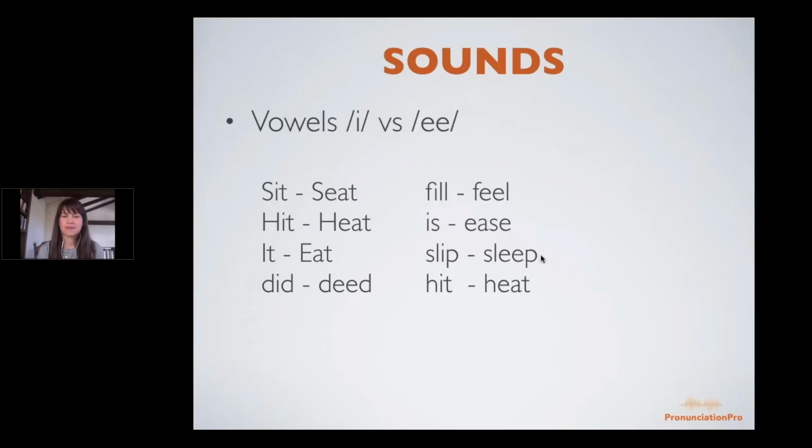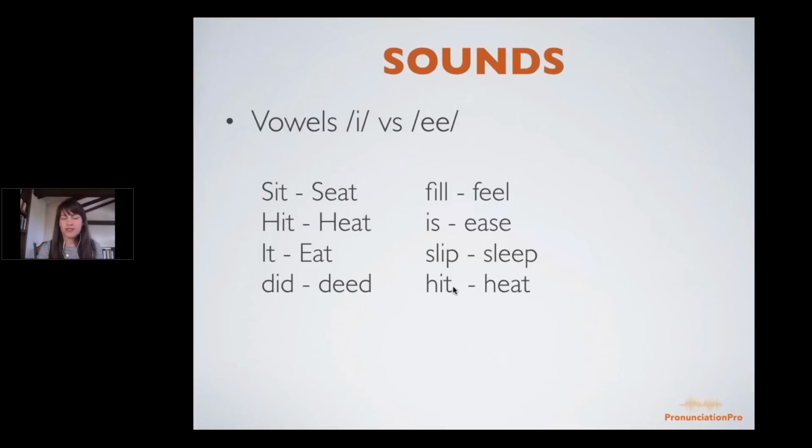Okay, next one. Sleep. So I heard the second one. Yeah. Okay, yes. Now contrast. Sleep. Good. All right, next one. Hit. Okay, and it's still somewhere between the E and the I. So do it again.